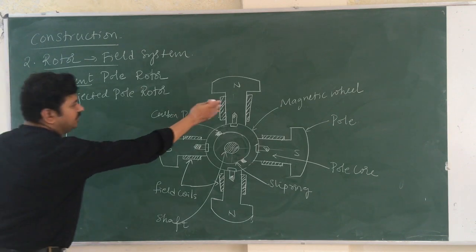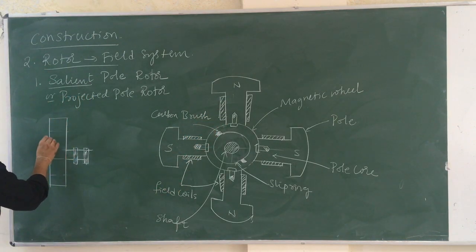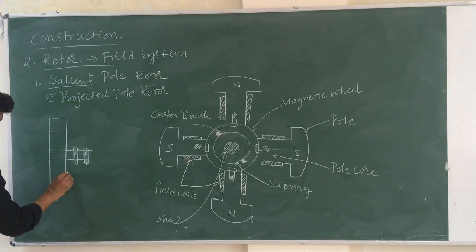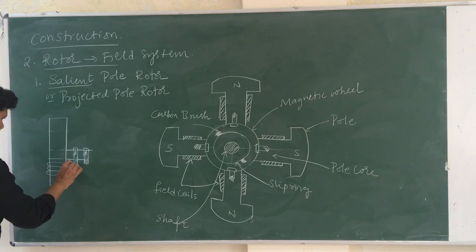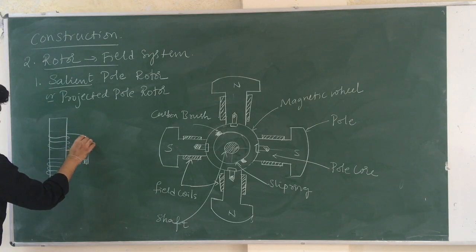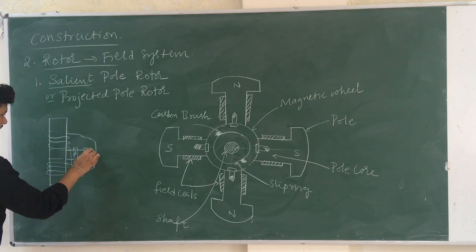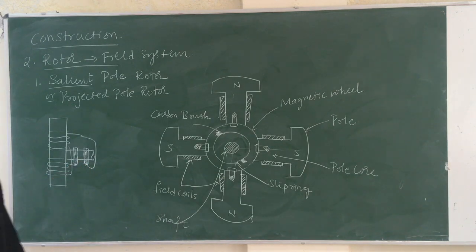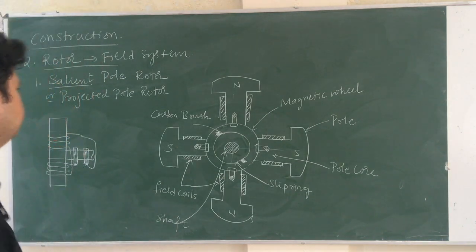And these field windings are connected. So these two are the permanent connections of field coils to the slip rings.